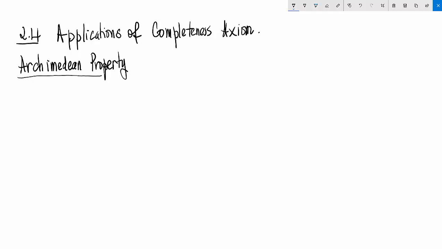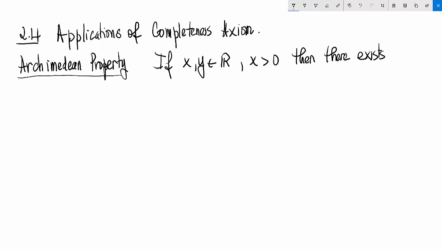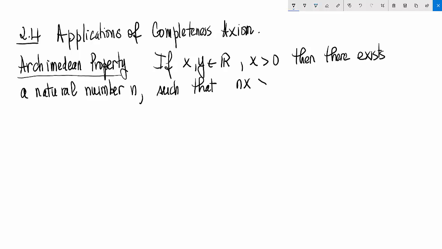To state the Archimedean property: if x and y are two real numbers, and let's say x is positive, then there exists a natural number n such that n times x is greater than y. All right, so let's get started on the proof of the Archimedean property.